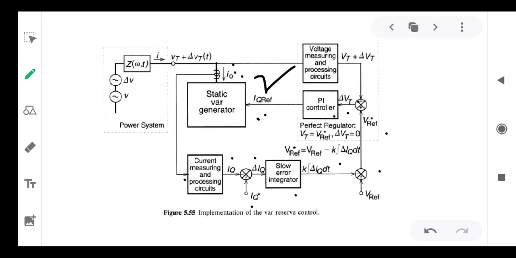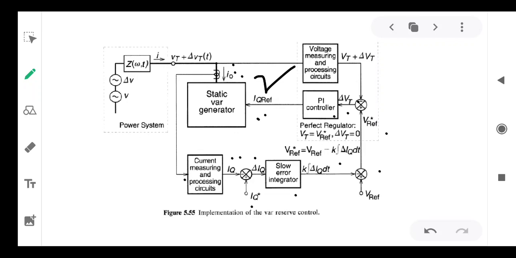So in the meantime, what happens? The change in voltage will give you some error. This signal is passed through the IQ actual value. The current measuring and processing circuits will get the IQ. But IQ is initially IQ star.